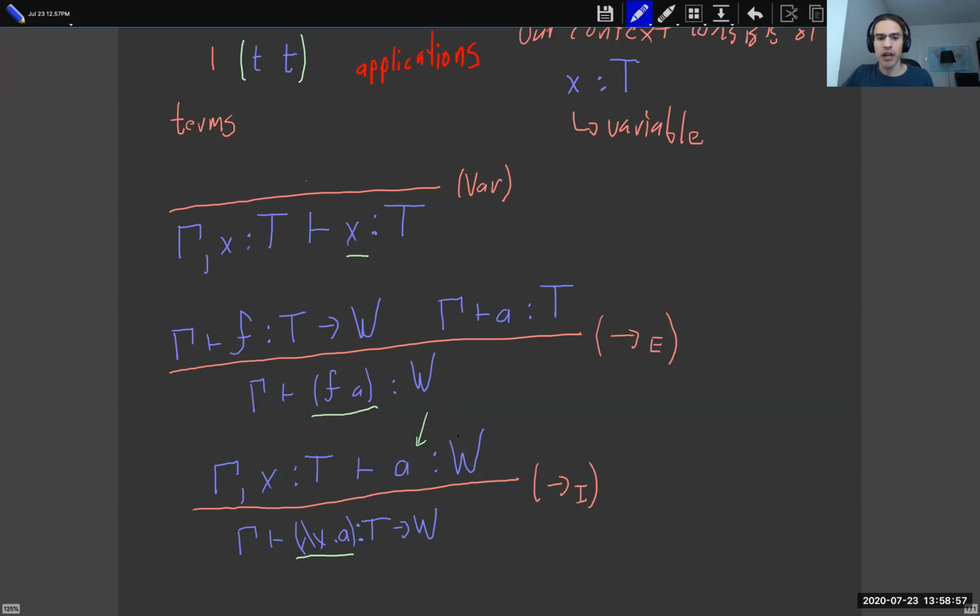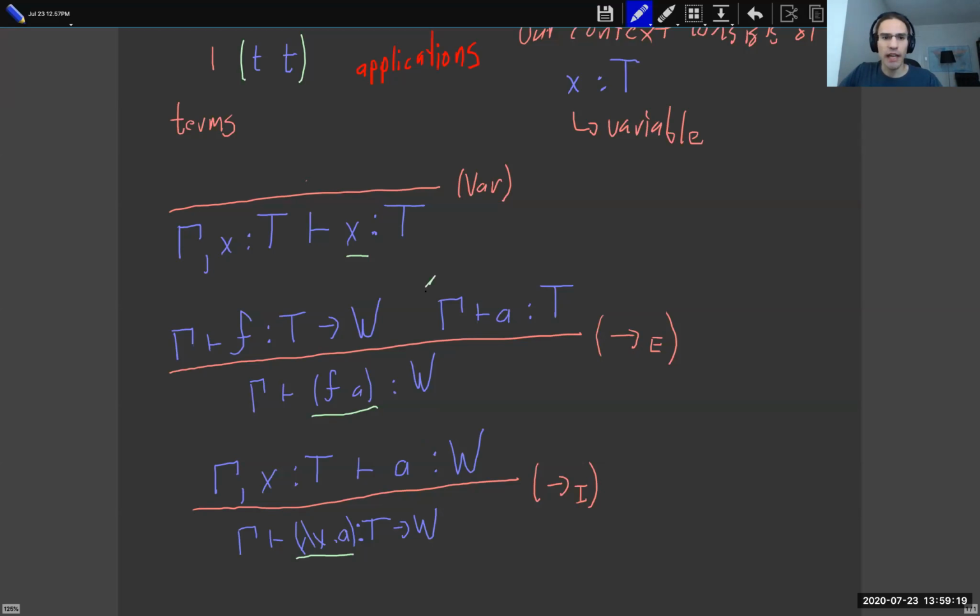Then that function should have type T to W in that context. Whenever you feed that lambda term something of type T and you substitute it in the body, then A with that substitution made should have type W.